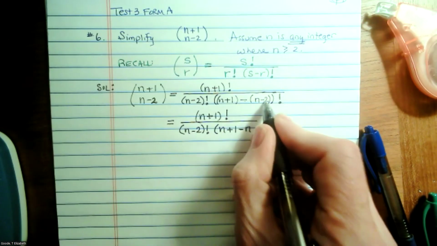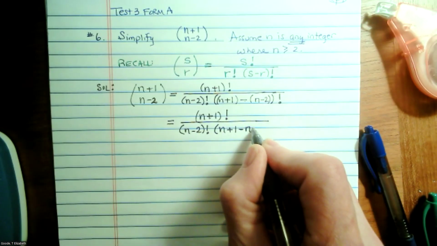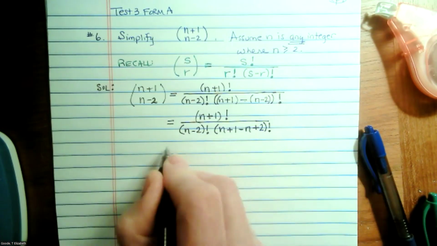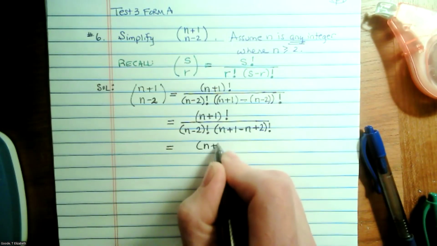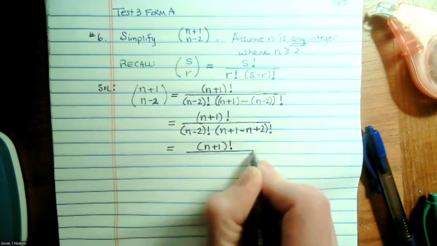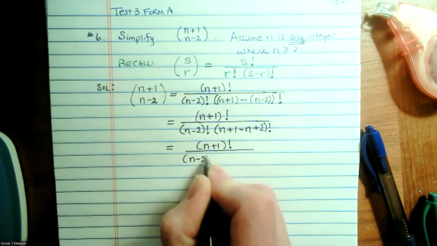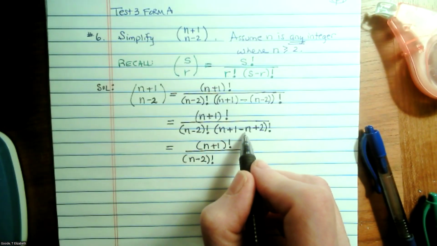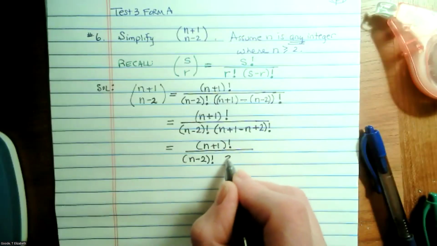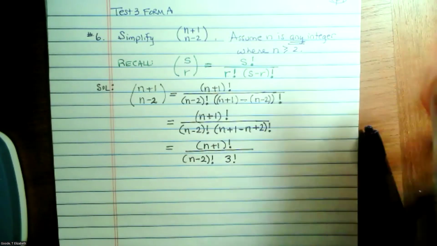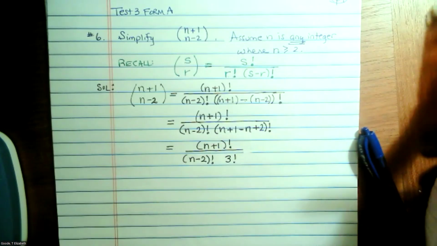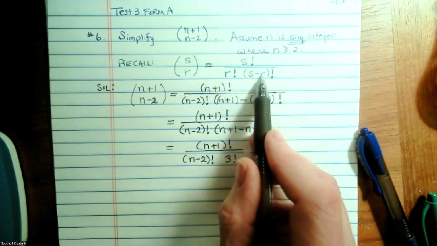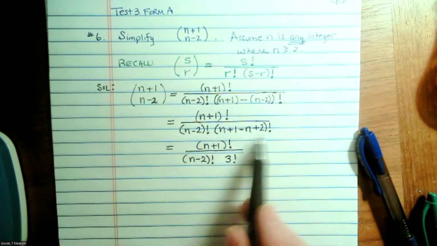And what is minus a negative 2? Plus 2. So we've got n plus 1 factorial on top. On the bottom, we've got n minus 2 factorial. And this is n minus n. The n's go away. But 1 plus 2 is still there, and that's a grand total of 3. All right? So getting this S minus R factorial correct was a little bit of a chore.